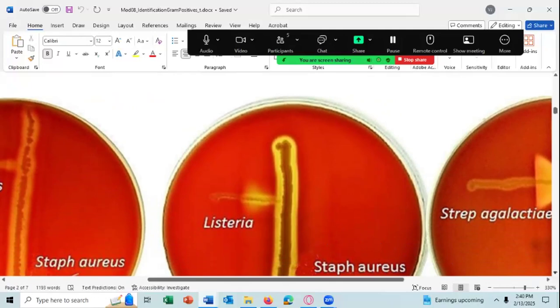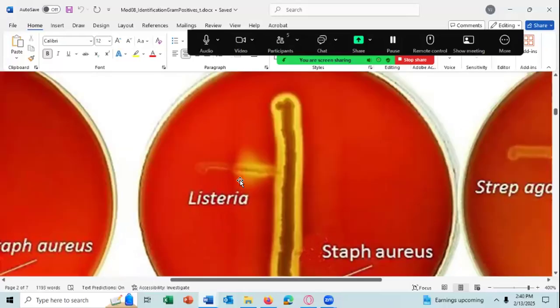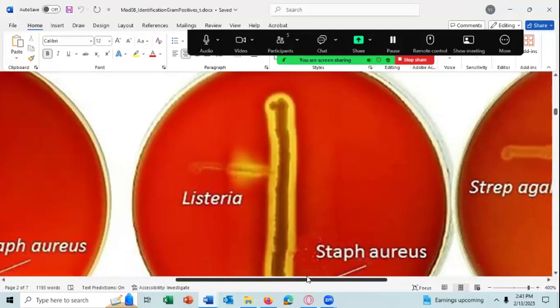Let me blow it way, way up. There you can see the streak, and right there, very slight beta hemolysis, a clear region around it, and a larger clear region, kind of like an arrow shape, near the Staphylococcus aureus. And that's called the slight enhancement of hemolysis, or slight CAMP test positive.